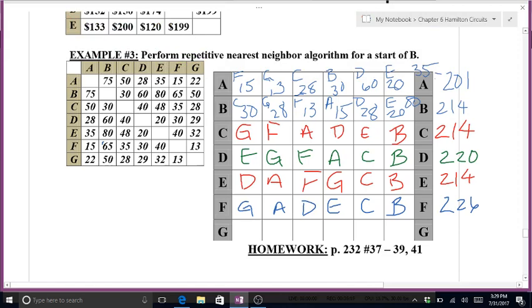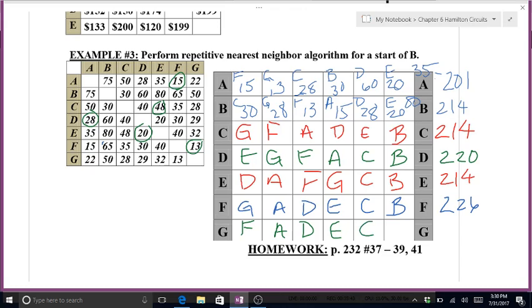We're starting at G this time. G is going to go ahead and head to F. F is then going to head to A. A is then going to head to D. D is then going to head to E. We've got to go to C or B. So from E, it looks like C here.